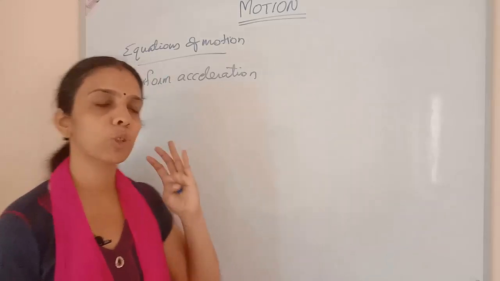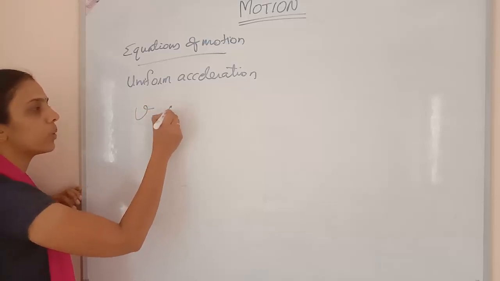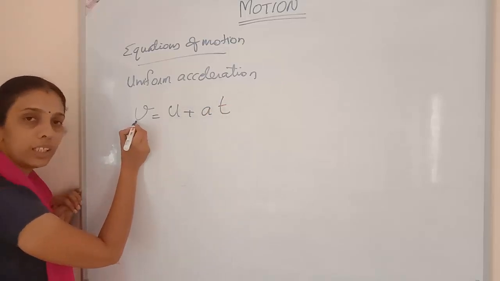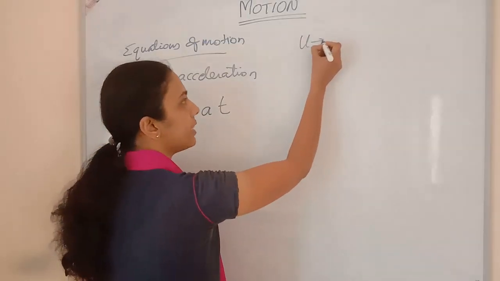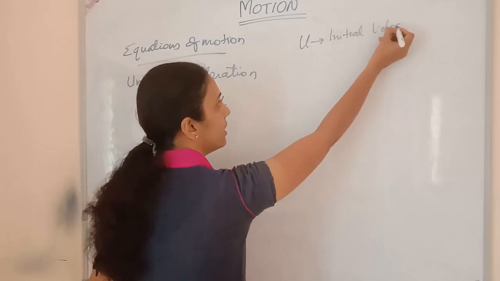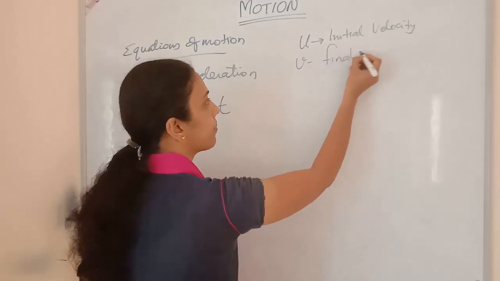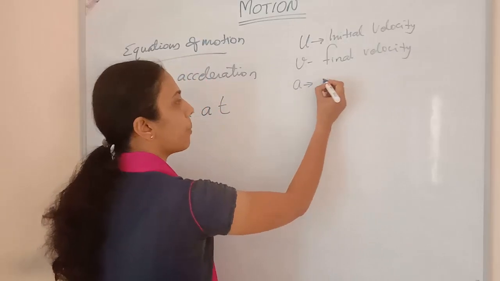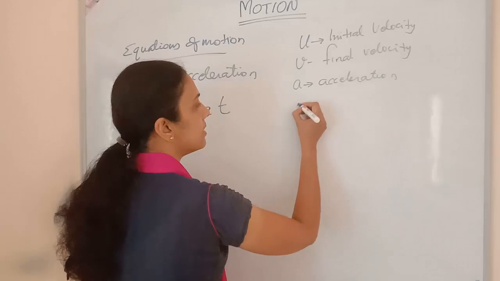In those cases we consider it as uniform acceleration, and we can use any of the equations of motion. The first one is v equals u plus at. Here v is the final velocity, u is the initial velocity, a is the uniform acceleration, and t is the time.